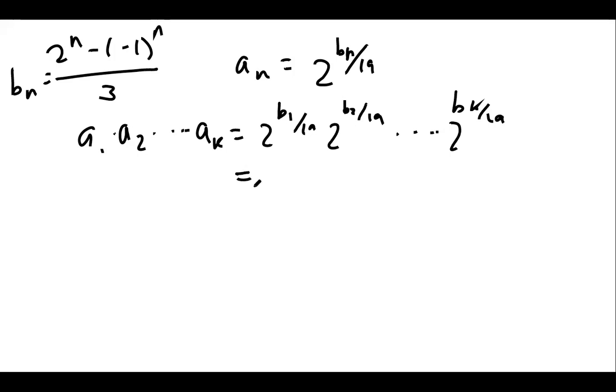From the exponent rules, we can put this all over 2, and it will be a sum: b1 plus b2 and so on all the way to bk, over 19.